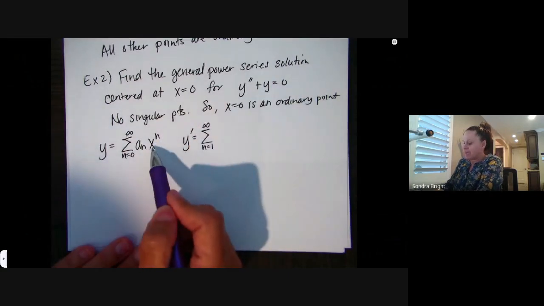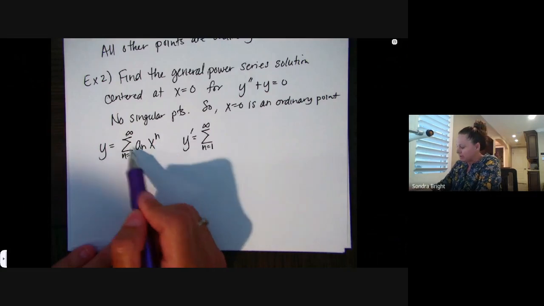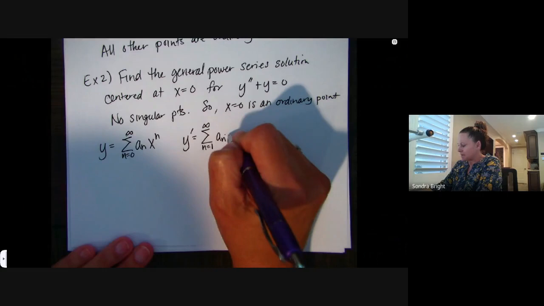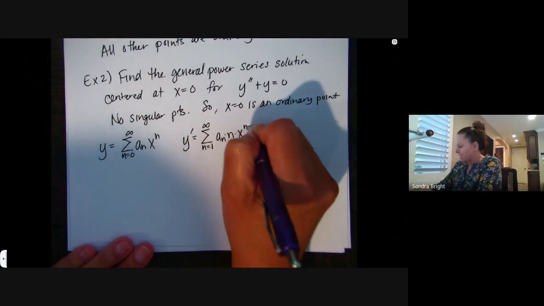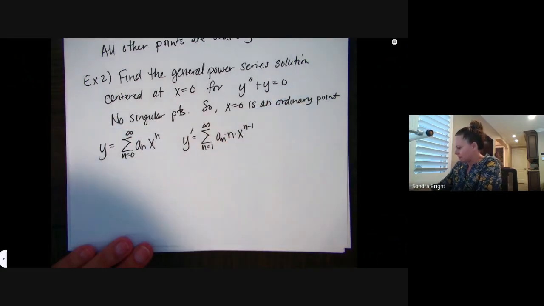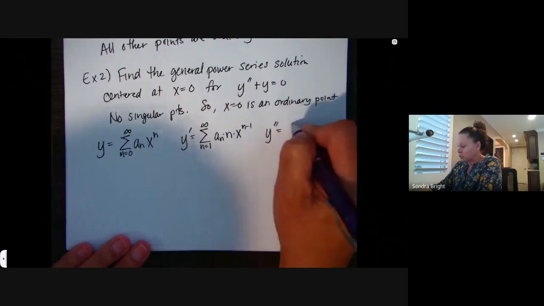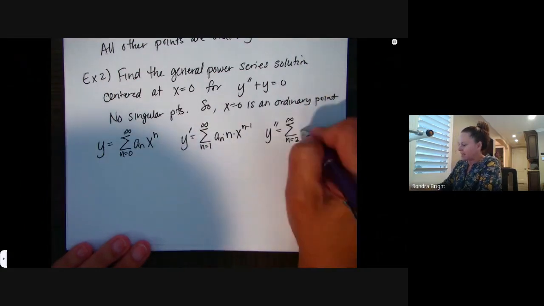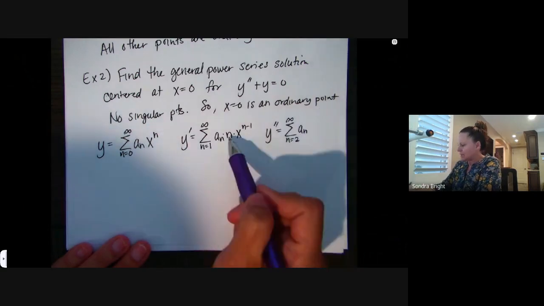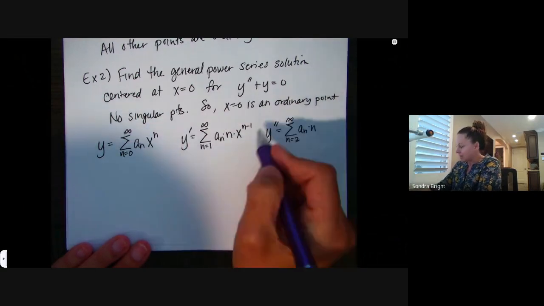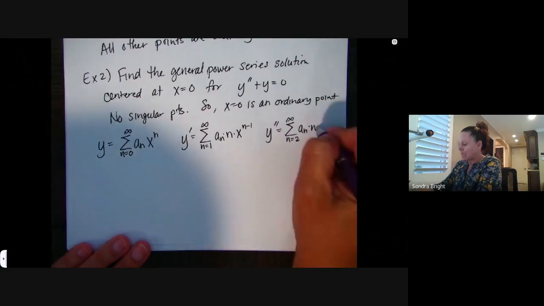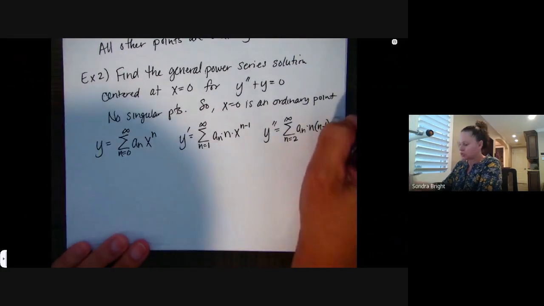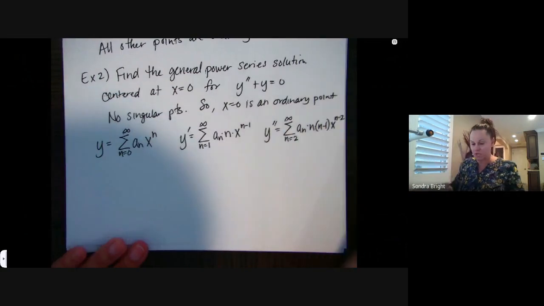So a_n you'll leave, but you'll have a_n times n times x to the n minus 1 power. And then the second derivative would be the sum from 2 to infinity of a_n, and then you have n, and pop and drop, times n minus 1, and now it's times x to the n minus 2.